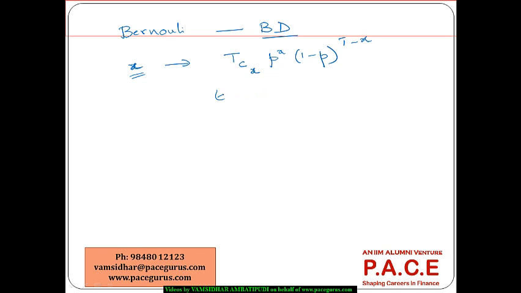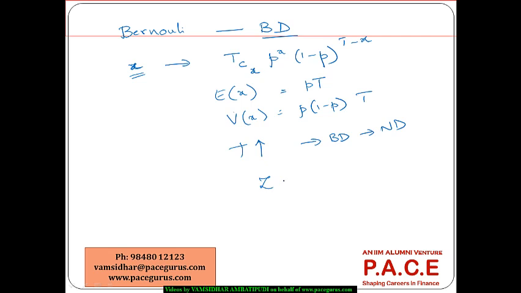Of course, the expected value of x is p times T, and the variance of x is p into (1 minus p) into T. And we know that when T is very, very large, the binomial distribution will converge to a normal distribution, so I can convert it into a standard normal distribution z using the central limit theorem.